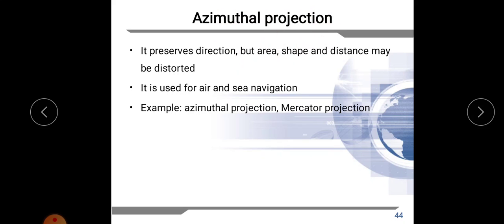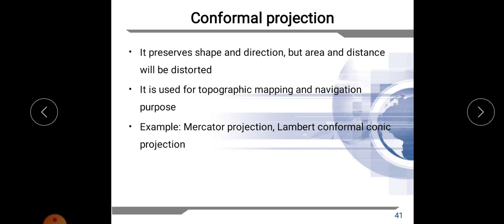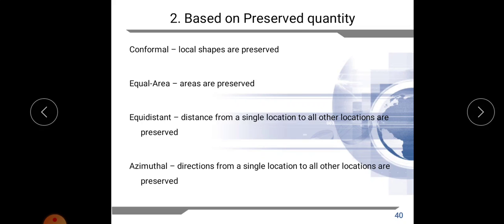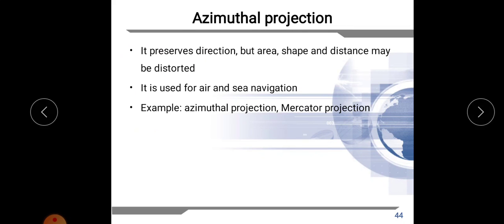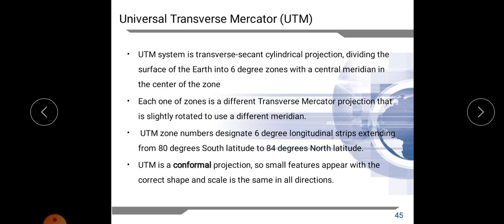Example for azimuthal projection is Mercator projection. So these are the classifications of map projection based on preserved quantity: conformal, equivalent or equal area, then equidistant and azimuthal projection.